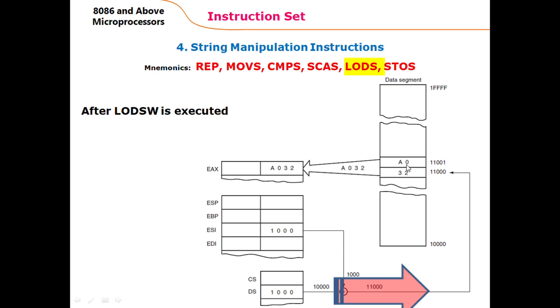So the value that would be moved is A0 and 32. So these 2 bytes are moved to the accumulator, and so the 16-bit part of the accumulator, which is AX, is updated. So A032 is moved from the data segment memory location addressed by this SI register.